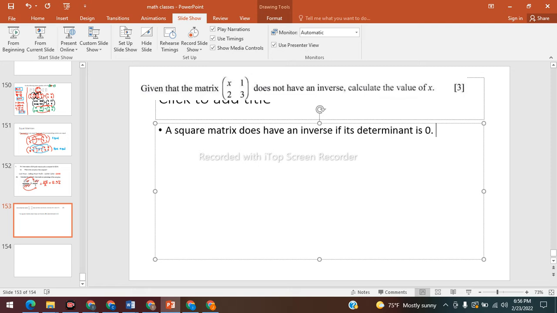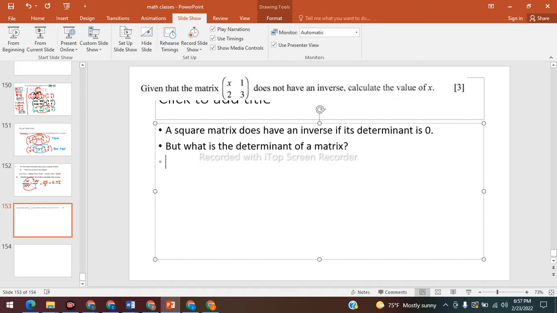So we say that a matrix does not have an inverse if its determinant is equal to 0. Now, what is the determinant of a matrix?